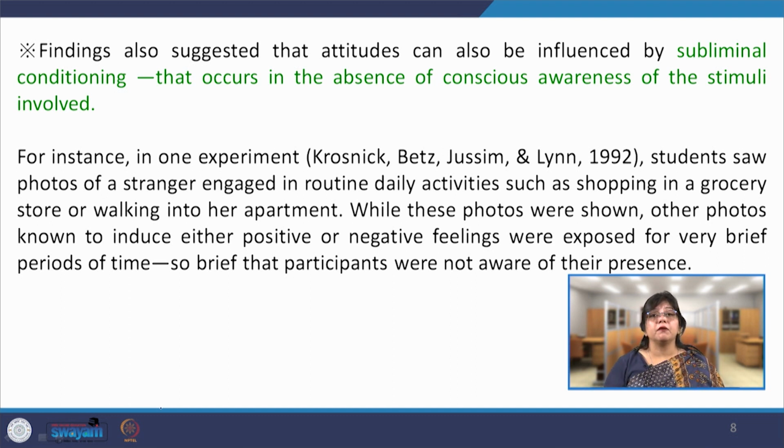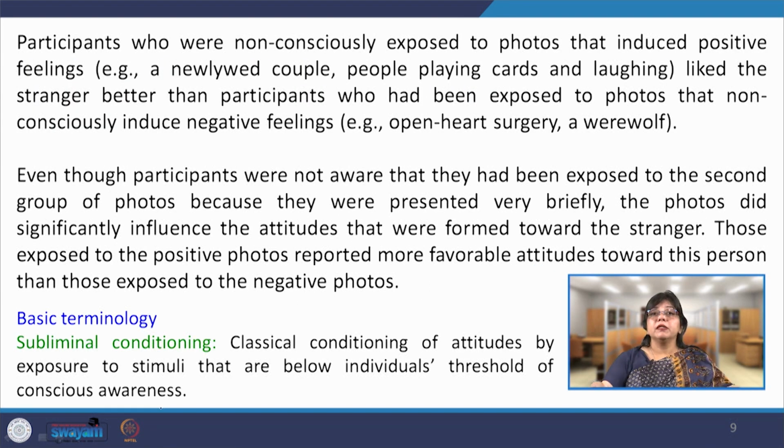They were so brief that participants were not aware even of their presence, because they were shown for such a brief period that anybody would not realize it, since it is below our conscious level.